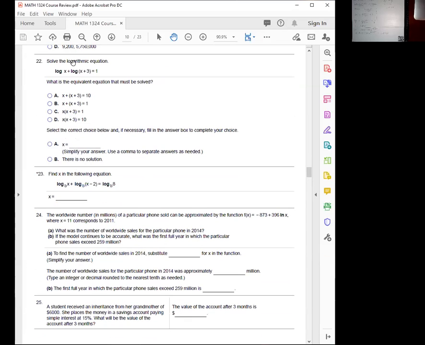Okay, 22. Solve the log equation. Log of x plus log of x plus 3.